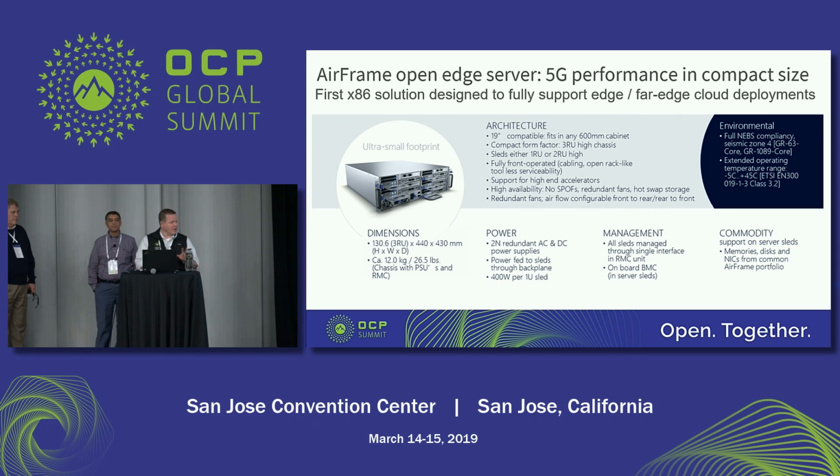I've been over the specs again. Key to it is low depth, being able to fit into edge and far edge deployments, and improved environmental specifications over your typical data center environments. That includes full NEBS compliance, seismic zone 4 compliance, and extended operating temperature ranges.